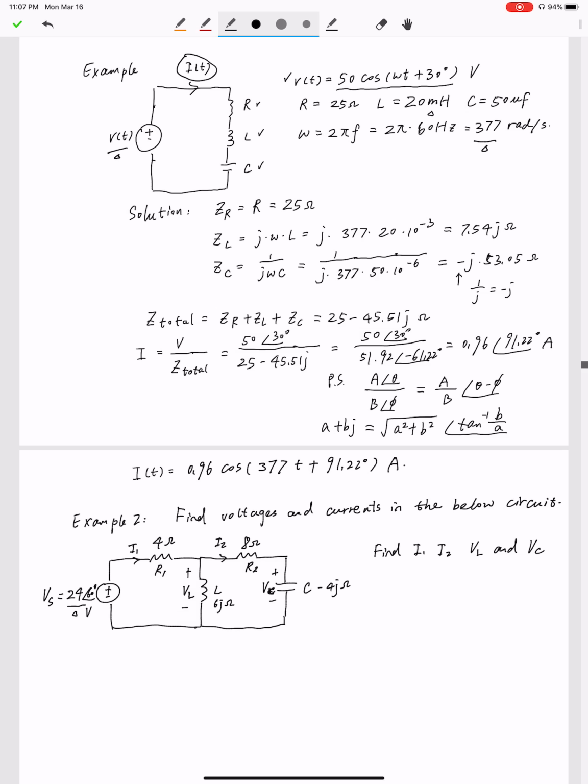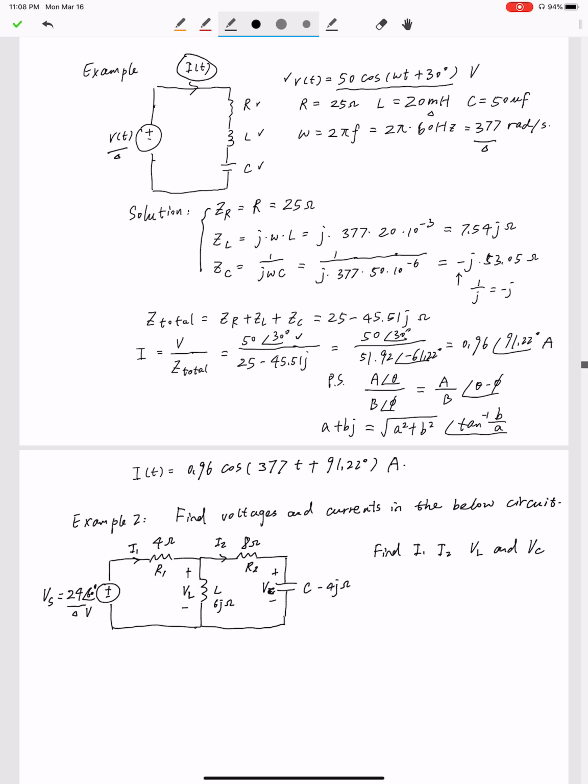Another convenient point in example 2 is that all components are given in impedance, so you don't need to find the impedance of all components like what we did in these 3 steps in the first example.